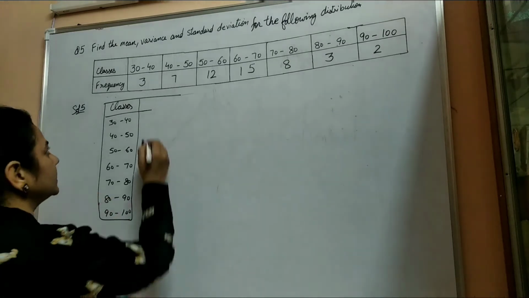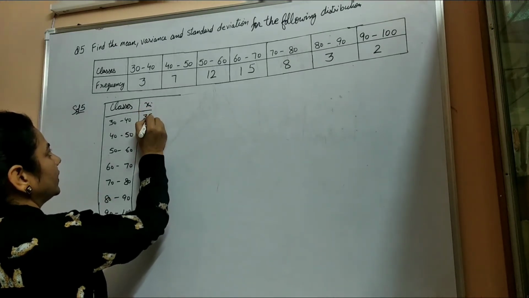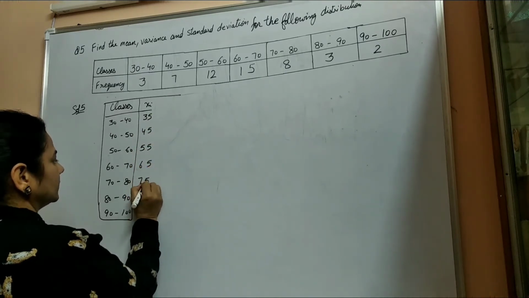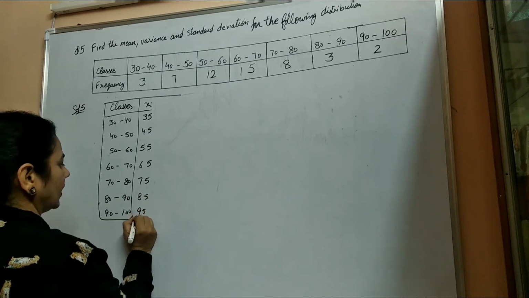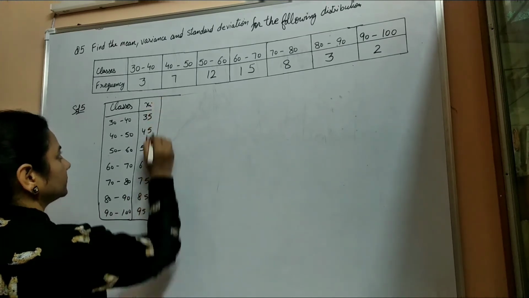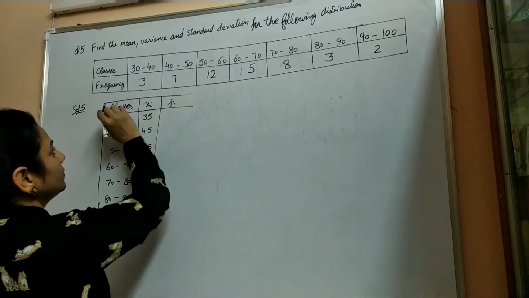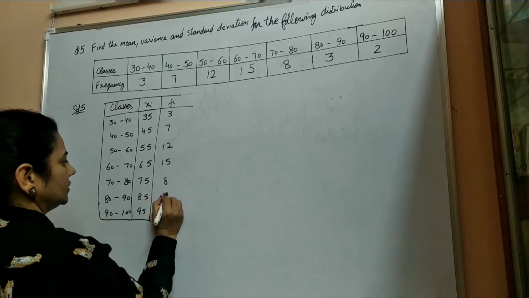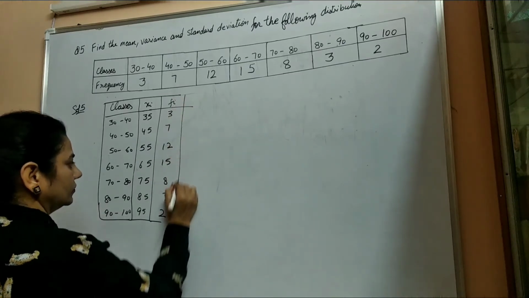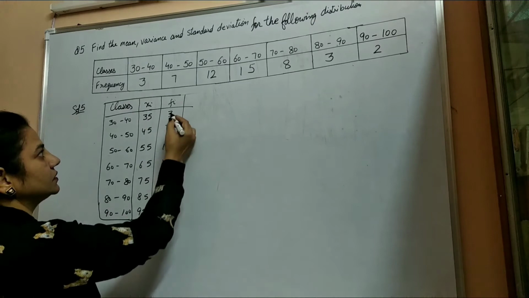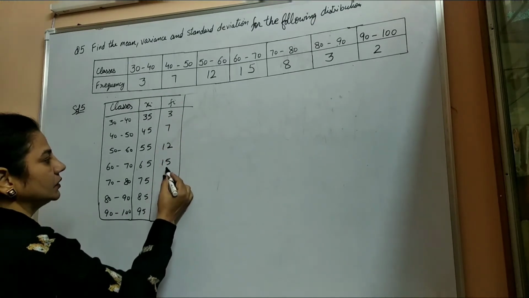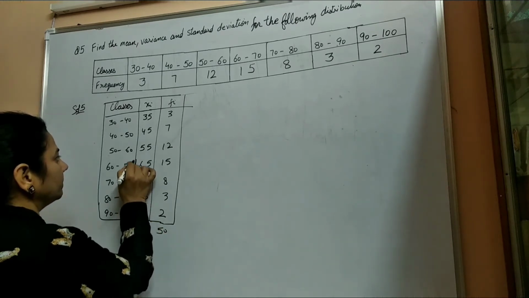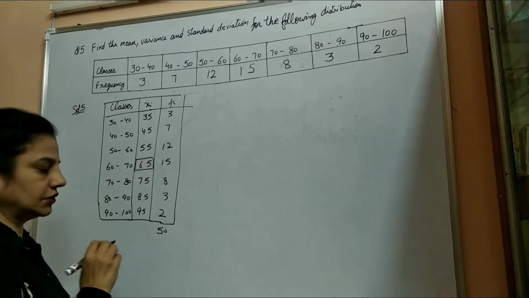Take the midpoints of these classes: xi is 35, 45, 55, 65, 75, 85 and 95. The frequencies are 3, 7, 12, 15, 8, 3, 2. Take the sum of these frequencies: 3 plus 7 is 10, 22, 37, 40, 50. The sum is 50.